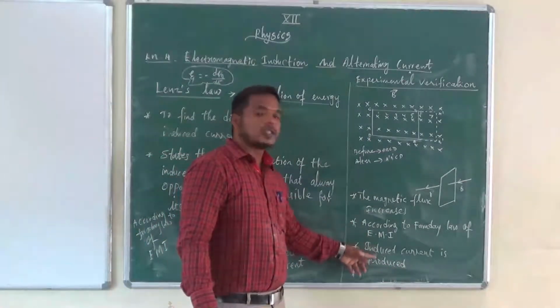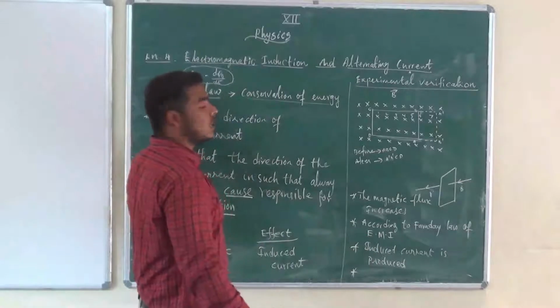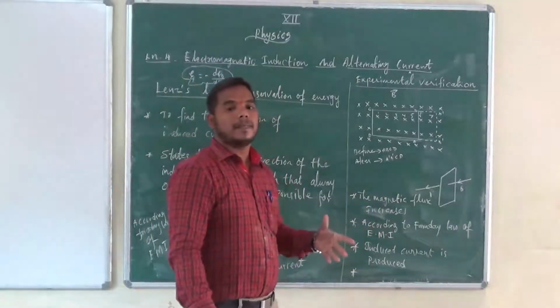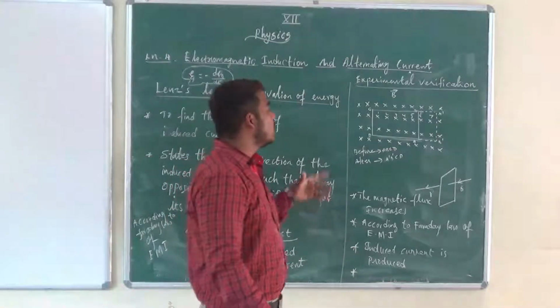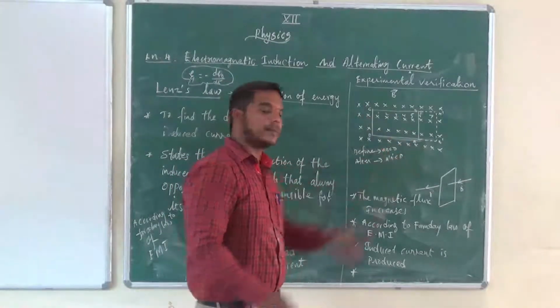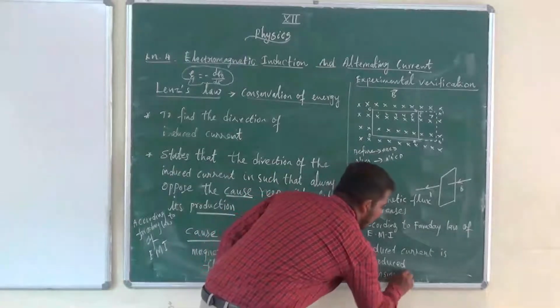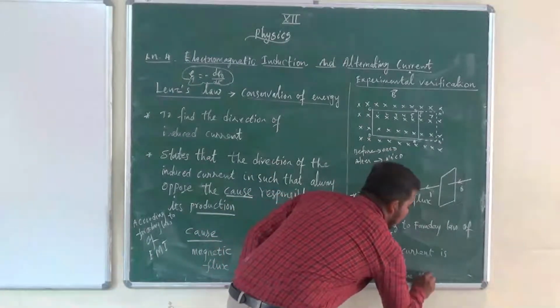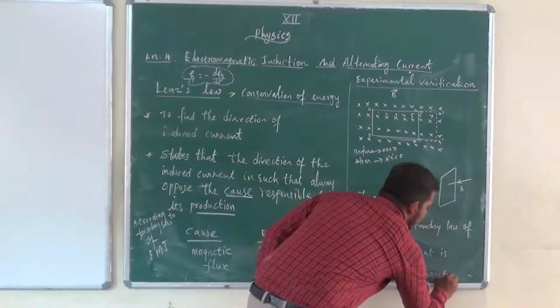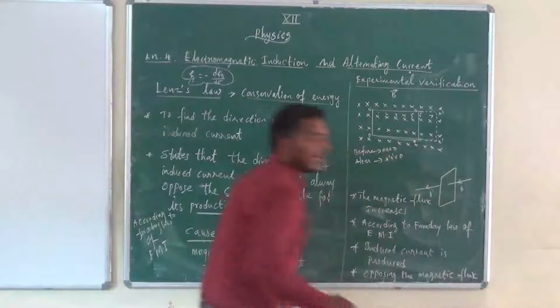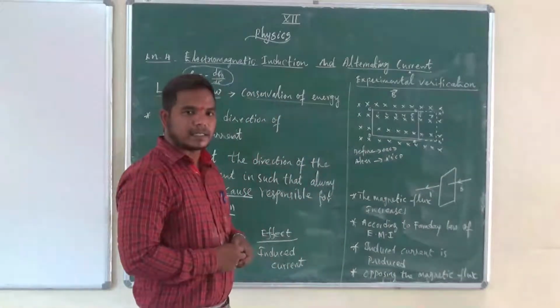Due to this induced current, according to Lenz's law, the induced current opposes the increase in the magnetic flux. How does it oppose the magnetic flux?